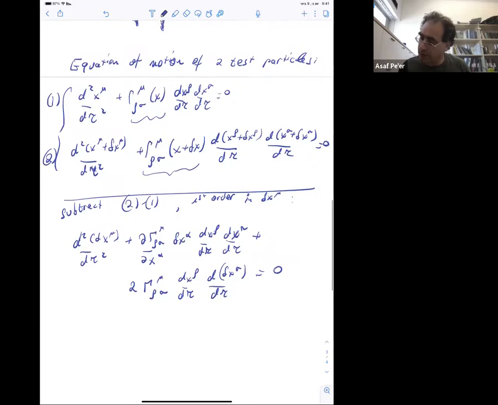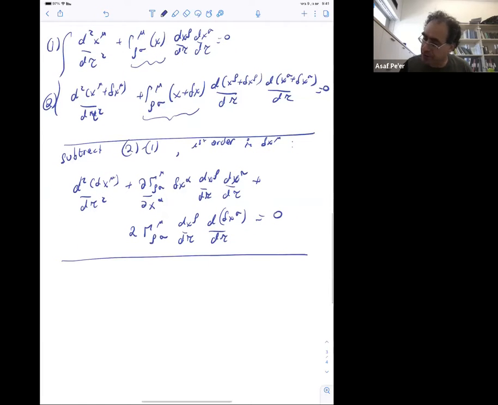Now we can look at the relative acceleration between the two nearby geodesics.